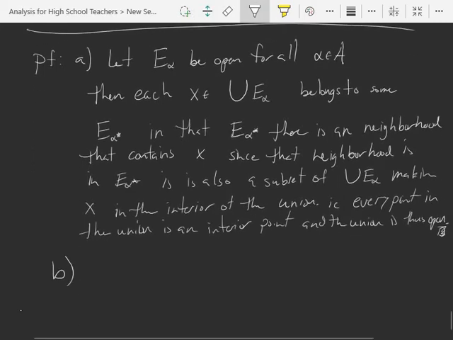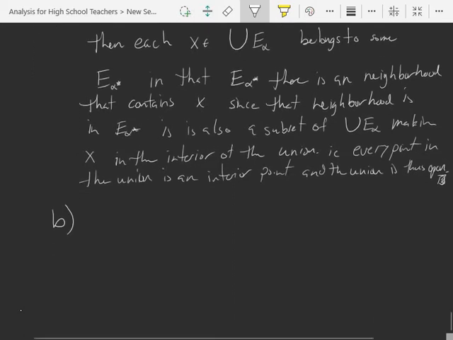For B, we'll use DeMorgan's laws and A to show that B is true.